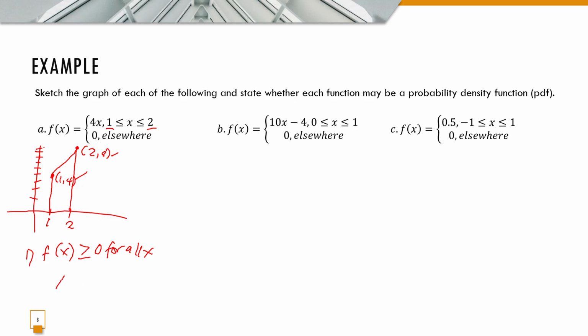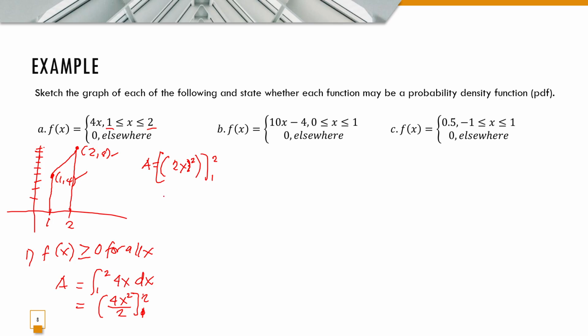So the area is the integral from 1 to 2 of 4x dx, because the interval is 1 to 2. We need to integrate this one. This is 4x squared over 2 from 1 to 2, so the area is equal to 2x squared from 1 to 2.